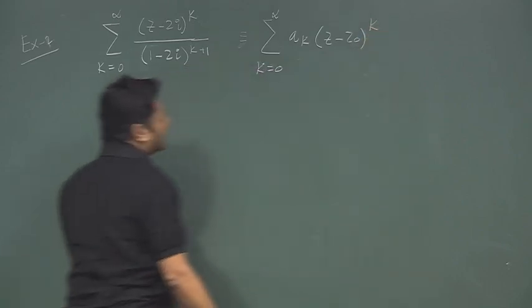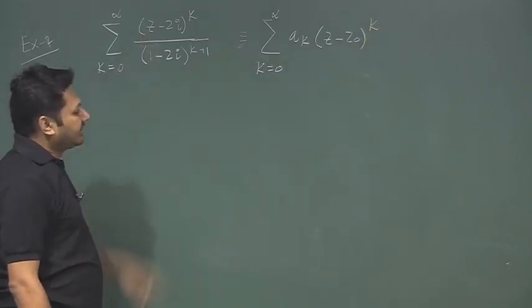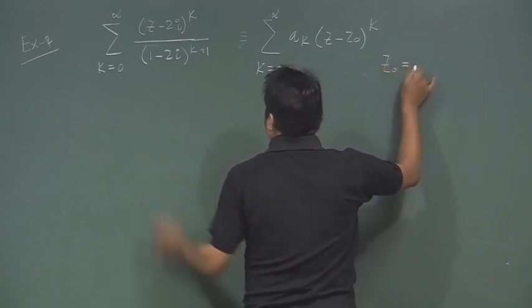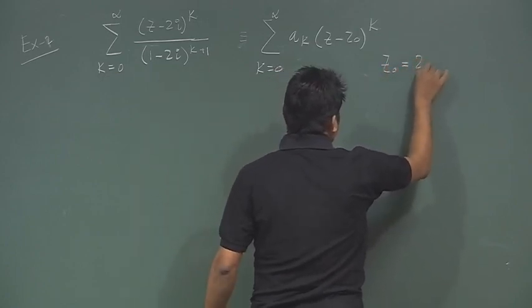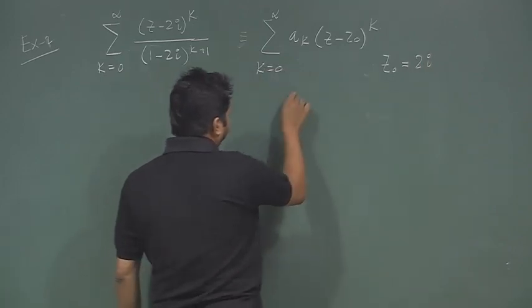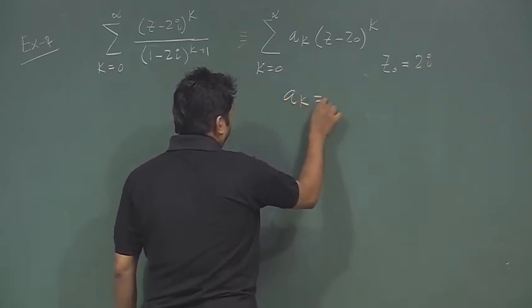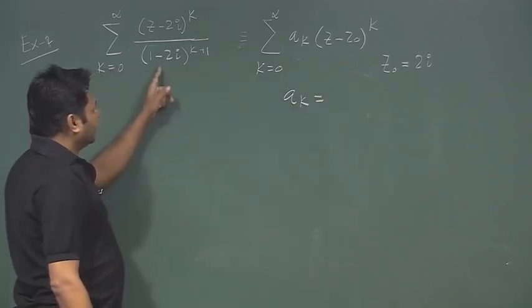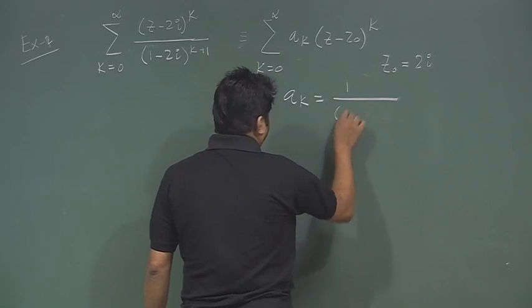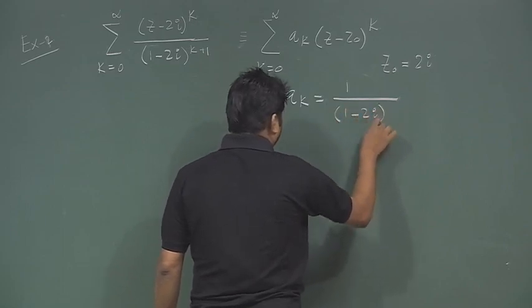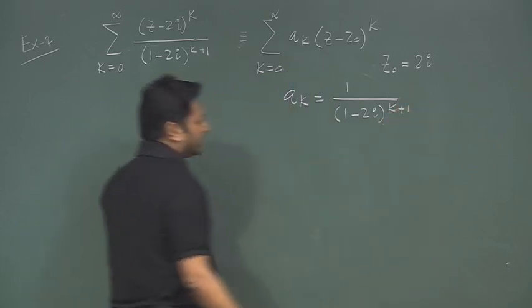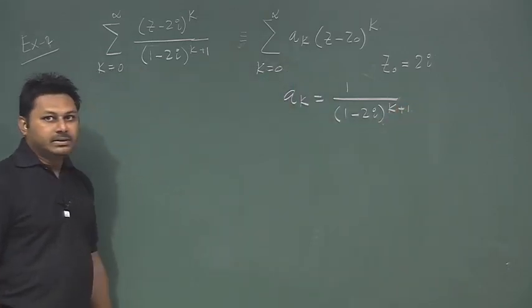It is nothing but a power series where z0, if I compare, is 2i, and what about a_k? a_k, if I compare, should be 1 by (1 minus 2i) to the power k plus 1, this quantity, right.